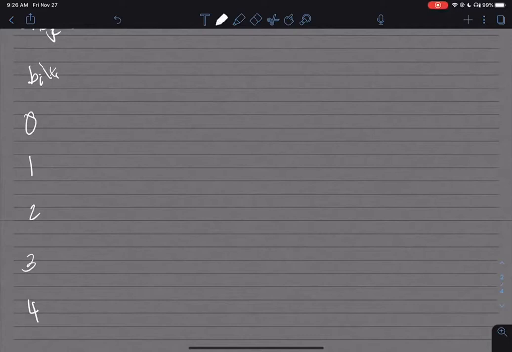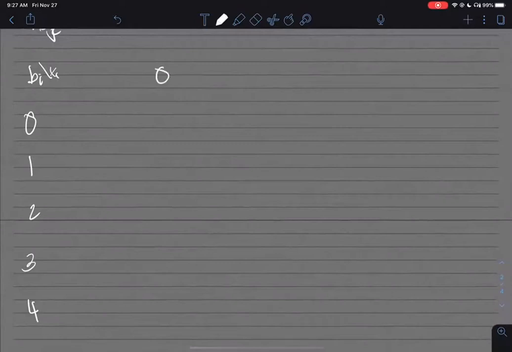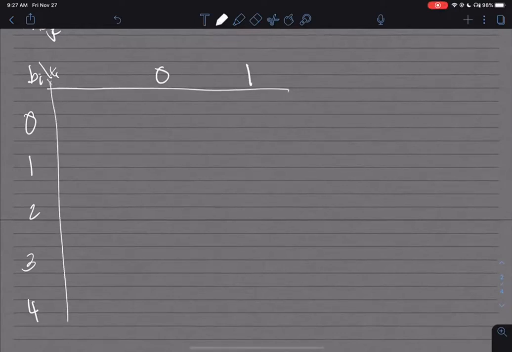Or what is the maximum number of item 2 that I can bring? 1. So what are my alternatives? 0 or 1. So yun lang yung alternatives natin for stage 2. Okay? Question so far? None? Okay, let's go.